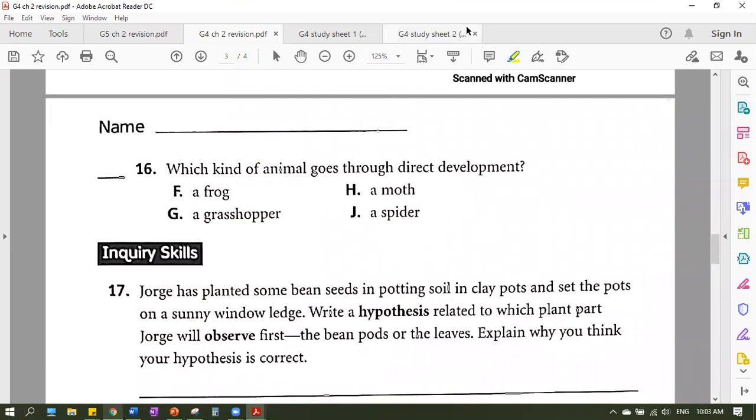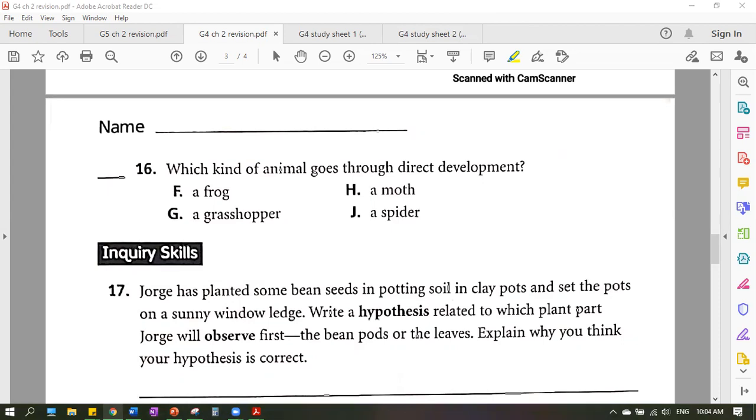Do we have homework today? No, we don't have homework today. Because these inquiry skills we have to do together, so we'll do them next week, along with the revision of chapter 3.